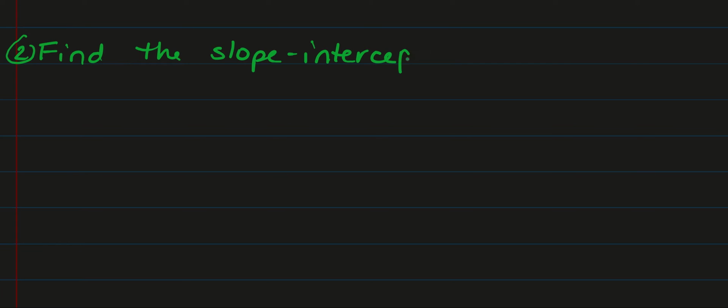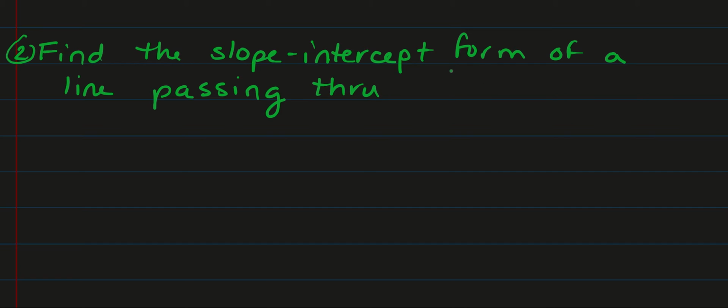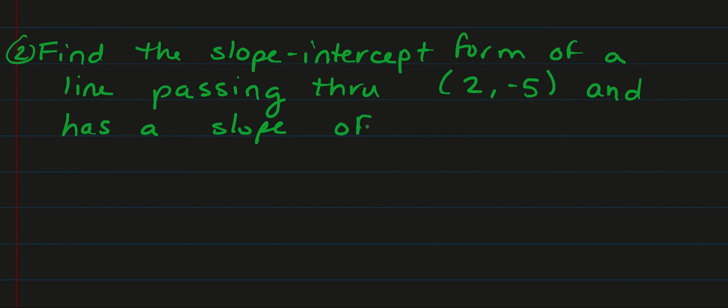So let's find the slope-intercept form of a line passing through, let's go with 2, negative 5, and has a slope of, let's go with 4 over 3.